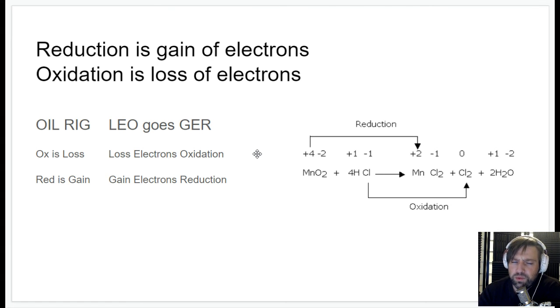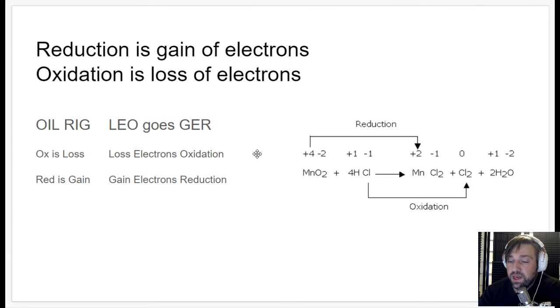The reason for this is a little bit of history. Back in the day, we didn't really know about electrons, but we did know about oxygen. And one way that these redox reactions actually work is that it moves electrons around, but it moves them with oxygen. Oxygen is very electronegative.